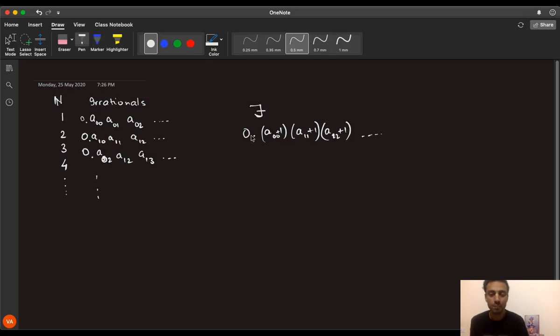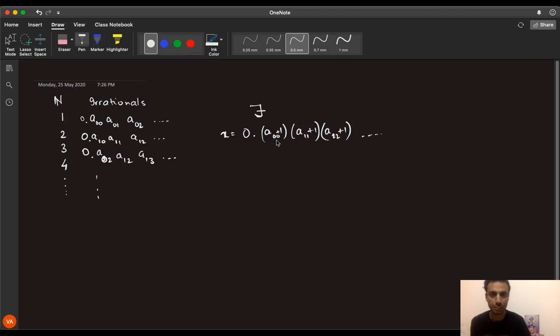This number is certainly not equal to this number, right? Because this is A00 and here we have A00 plus 1. Let me call this number X. So X is certainly not equal to the first number, right? Can it be equal to the second number? No, because of A11 plus 1, so this entry will mismatch.